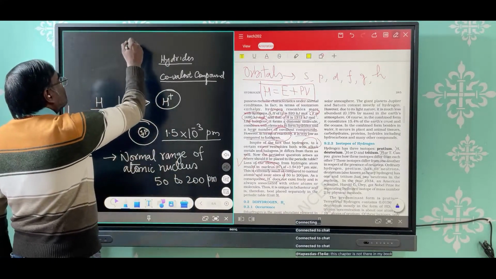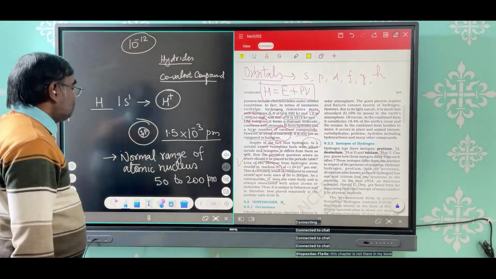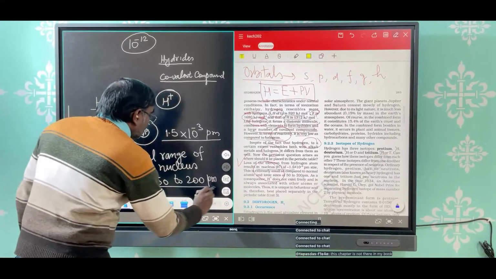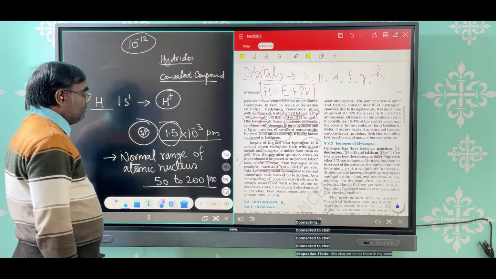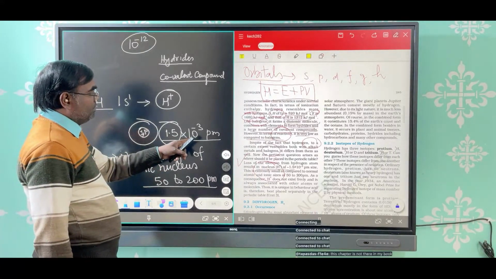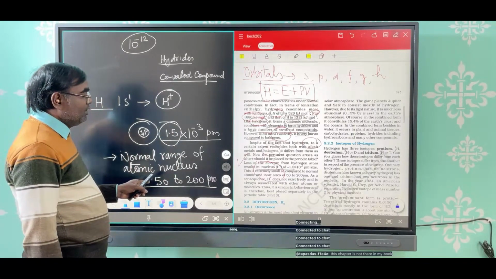Pico means 10 to the power minus 12. So this is the normal range. And our hydrogen is very small, 1.5 into 10 to the power minus 3. So it is very small in comparison to this number.